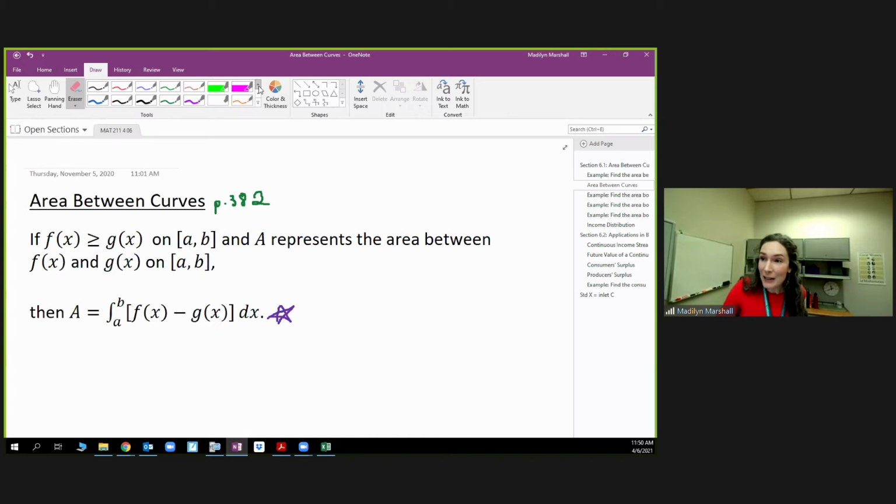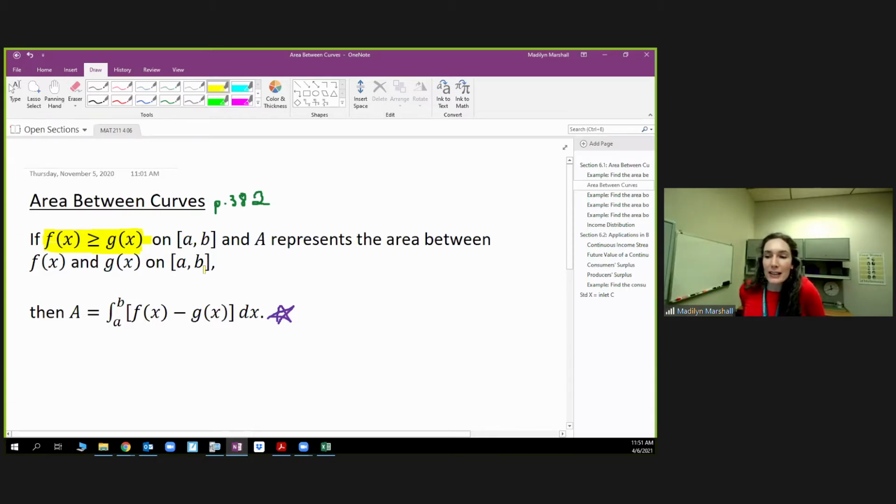But there is something we have to pay close attention to in this definition, and that is this part: f of x is greater than or equal to g of x. Most of the time, the two functions that we're trying to find the area in between are going to be called f and g.